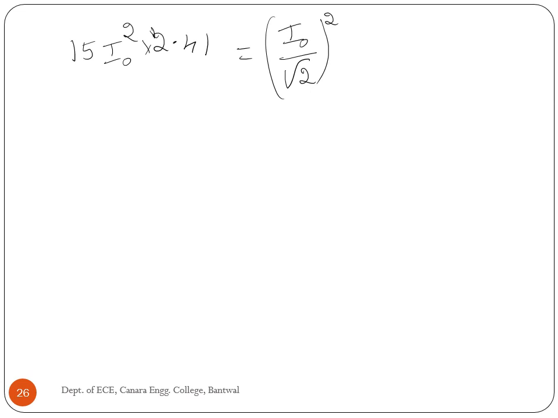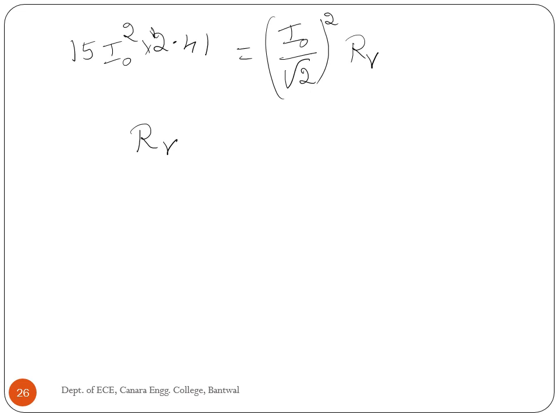Radiated power P must be equal to the square of the RMS current flowing on the antenna with a radiation resistance. Therefore, radiated power P, that is 15 I naught square into 2.41, is equal to the square of the RMS value of the current into radiation resistance.